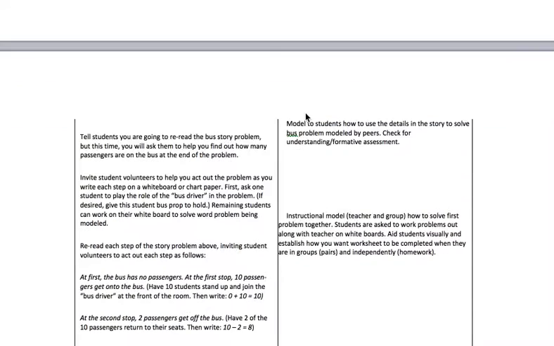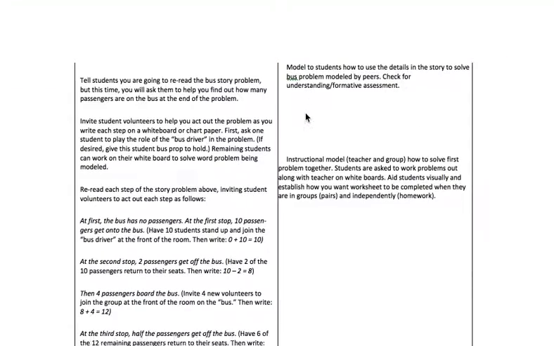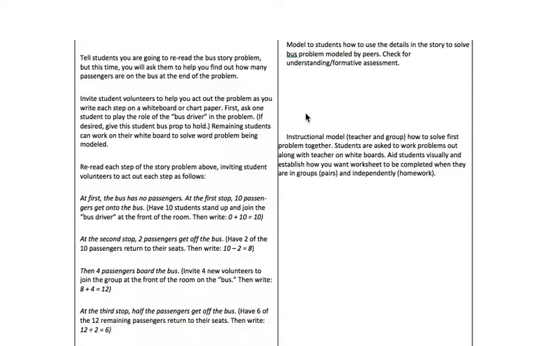I'm going to tell the students that we're going to reread the bus story problem, but this time I'm going to invite volunteers and we're going to reenact it. So this provides an opportunity to model to the students how the details of the story will solve this bus problem, and gives the students an opportunity to be modeled within their peer group. So at that point, I can also check for understanding and formative assessment.